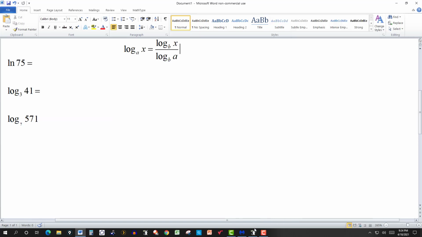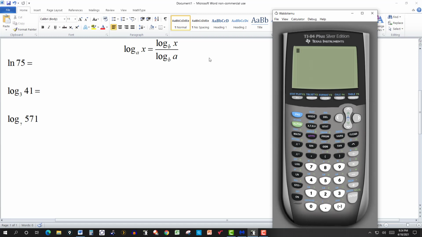Okay, clear this. The next one again is the log of 571 to base 7. So again, using the change of base formula, now I'm going to use ln, base e. You can use log base 10. So the formula says it's the natural log of whatever this number x is. So in this case, it's 571.